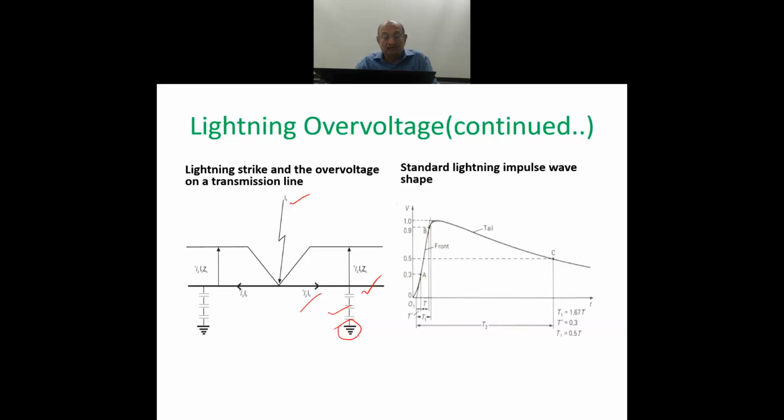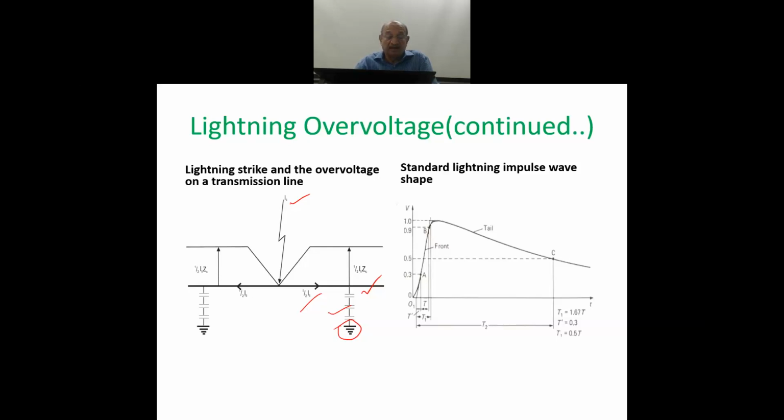So half the magnitude of the current injected by the lightning multiplied by the characteristic impedance, I/2 times ZC, gives rise to a voltage. Because the current injected by lightning is in impulse waveform, the voltage generated is also of impulse form.